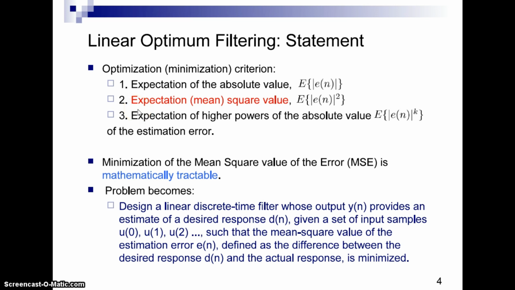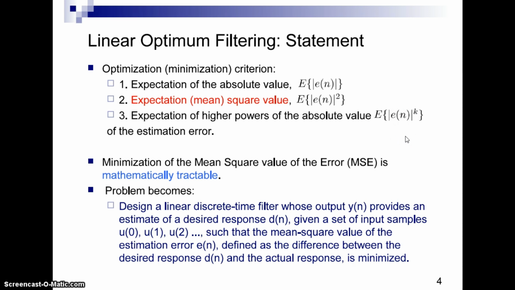The second possibility is the mean square value of the estimation error, expectation of modulus of e of n whole squared. The third possibility is the expectation of third or higher powers of the absolute value of the estimation error, generally denoted by this expression.